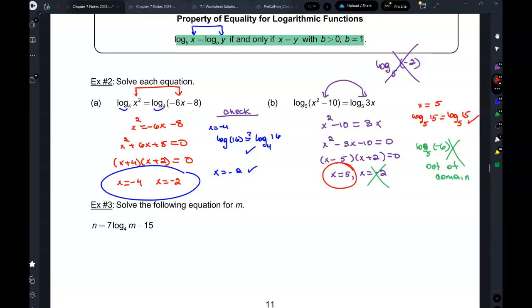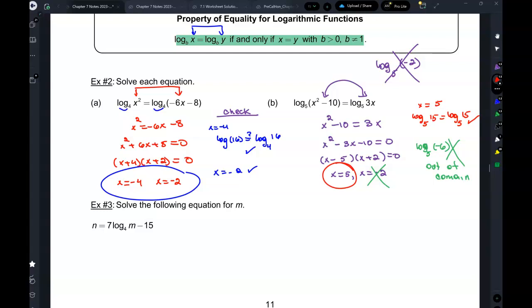Yeah, that's what we did. That's what we did, because look, I took the 5 and I put it here. So 5 squared, right? But you have to do it inside the log, not here. You have to do it inside the log. Okay? Now this one, we could have also figured this out like a mile away, because on this side, we can't have log of -6 either, right? So that would have failed.